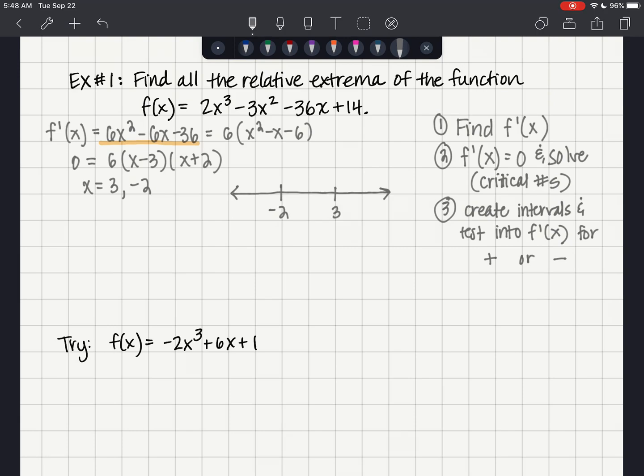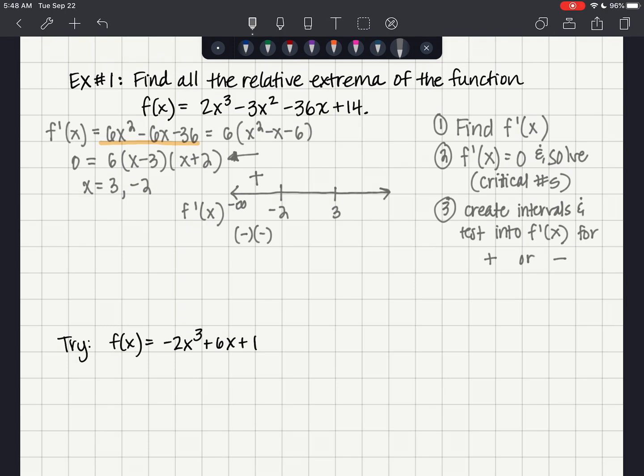We're going to place a value into f prime of x that's between negative infinity and negative 2. I'm going to be using the factored form. If I put a negative 10 in, I'm going to have a negative times a negative, which is a positive.